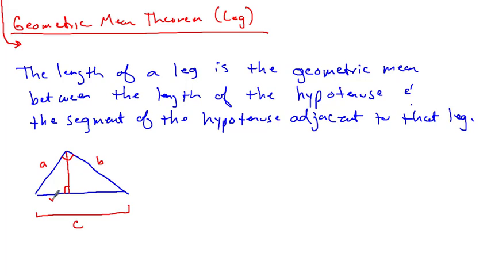So this little segment will be X, and this little segment will be Y. So what we're saying here is that A is equal to the geometric mean of X and C, so it's the square root of X times C. And B is equal to the geometric mean of Y times C.